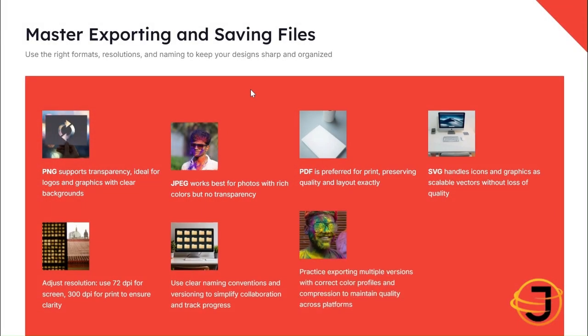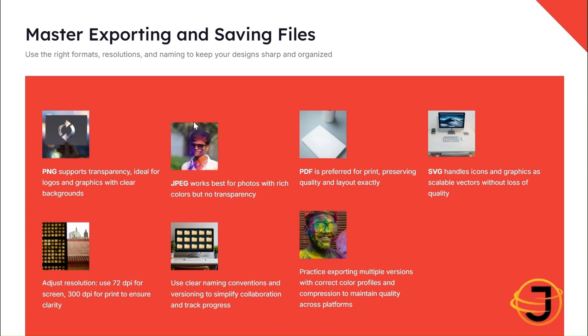Now, how do you work with files and how do you use formats? When you are using photos, there are different types. We have PNG. PNG is good for logos and graphics because it supports transparency. Any photo that has a transparent background, you save in PNG.